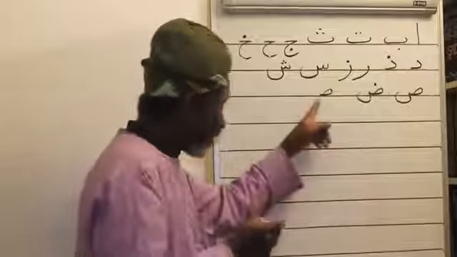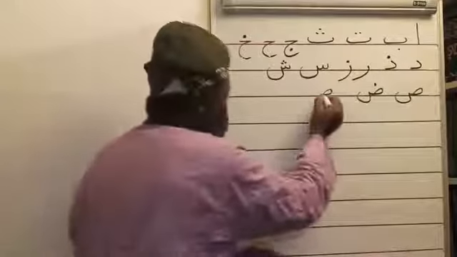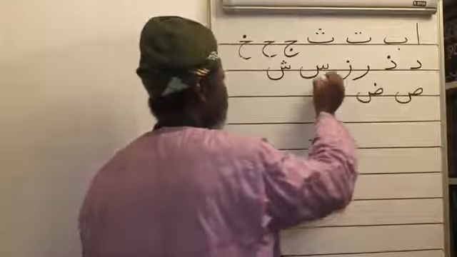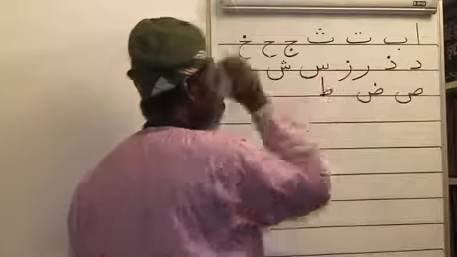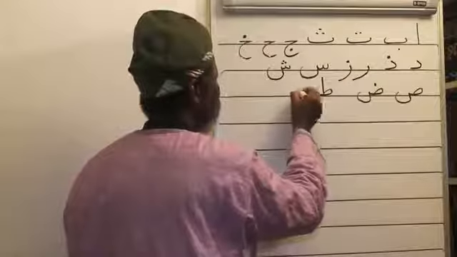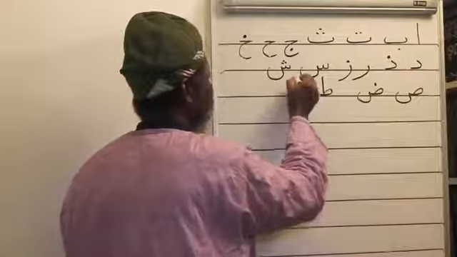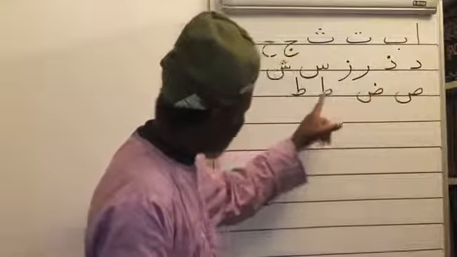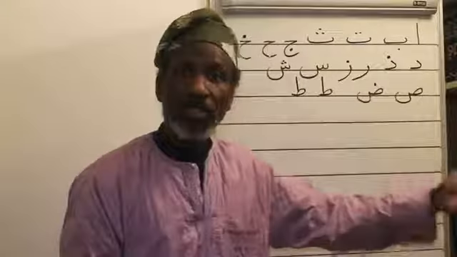But in this family, no tails. Instead, we have a line coming from top down. Next one in the family, the same shape. And then down. You can see the base of this. The base and the base and the base, they're the same.